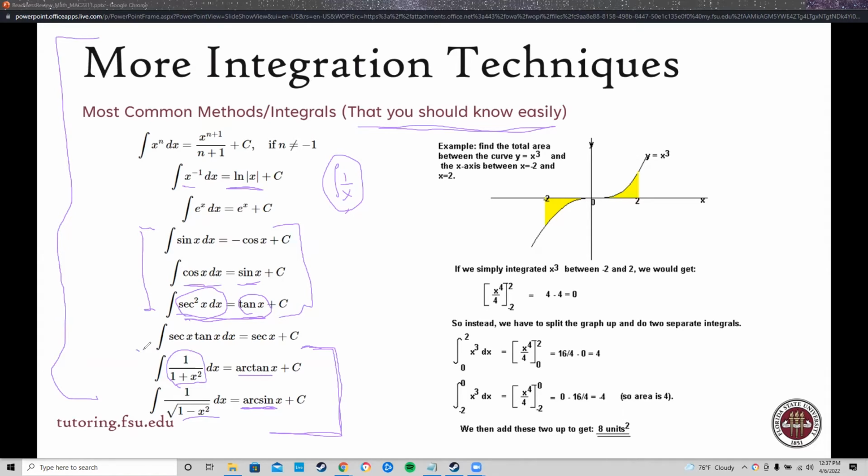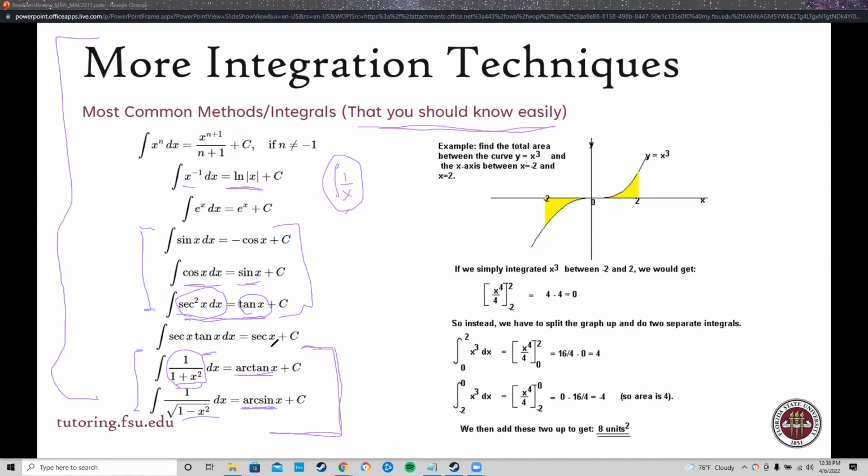These will come up, and it's important to know what they are because more often than not you have to do some type of substitution to solve this, or get it in a way where you can put it in this format. You might have a complicated function, and if you can get it into a format where you have 1 over 1 plus something squared, then you can evaluate it, saying that this is arctangent of that something.